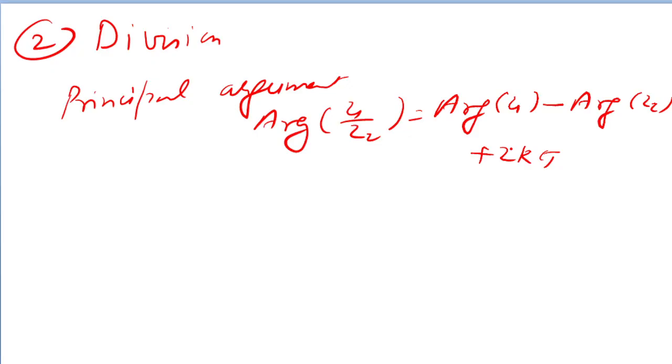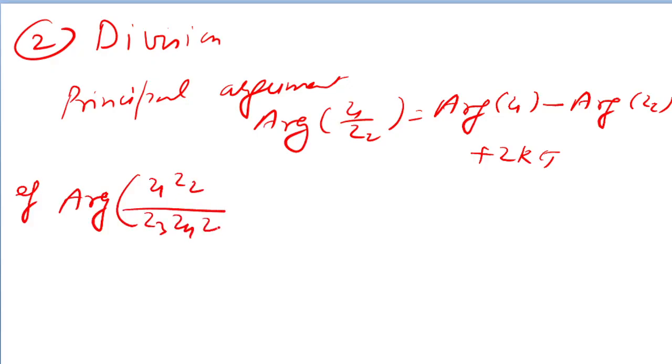Okay, so let's take one example. Take a very basic example. Let's see, if someone asks you what is the argument of z1 z2 upon z3 z4 z5. Anyway we can always write it like a log, they behave like a log.